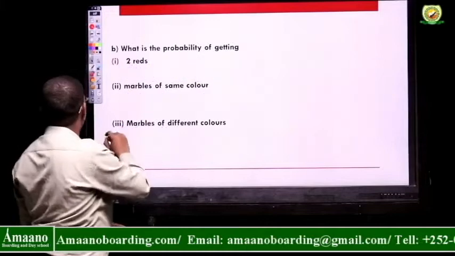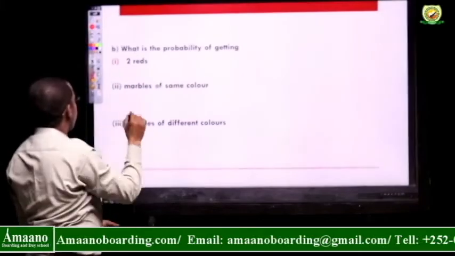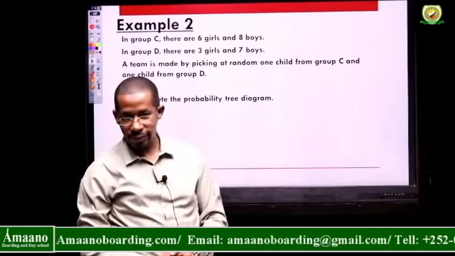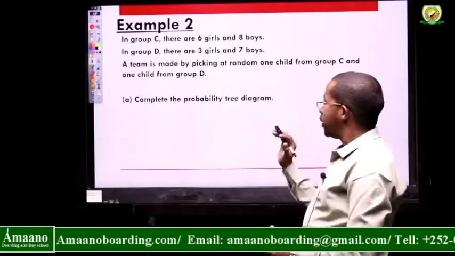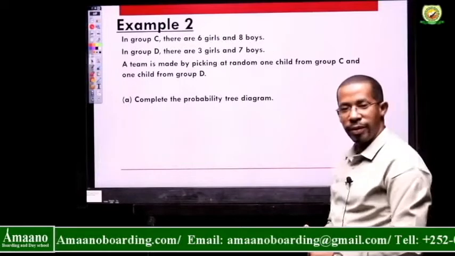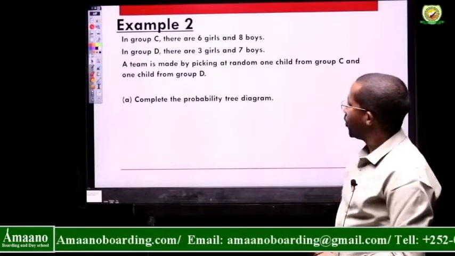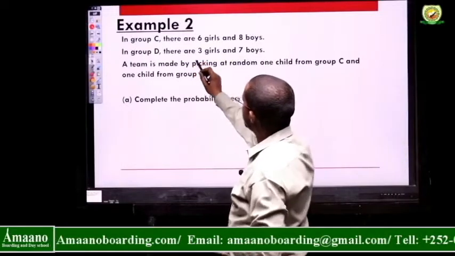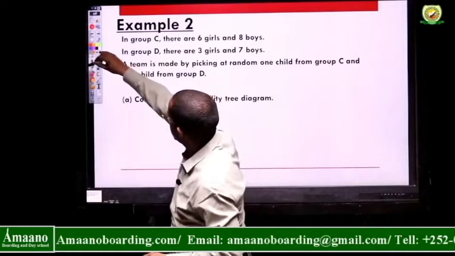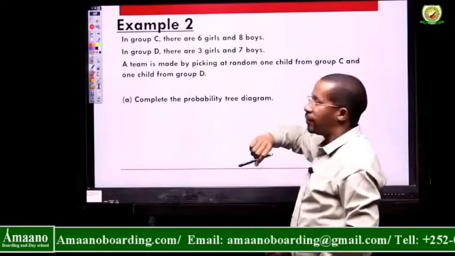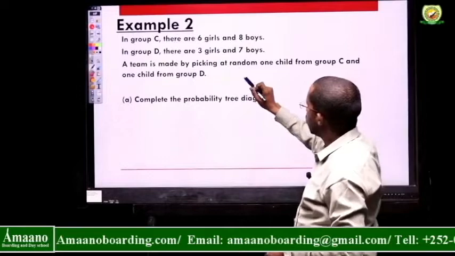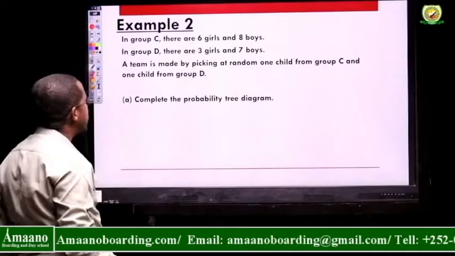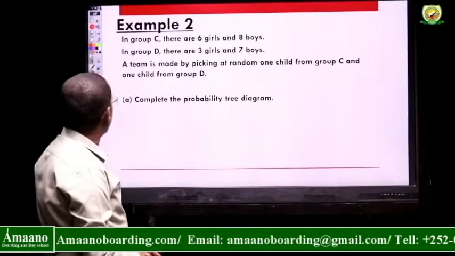Now, we have another question. Still, it is involving no replacements. In this example, there are two groups, Group C and D. Group C has 6 girls and 8 boys. Group D has 3 girls and 7 boys.